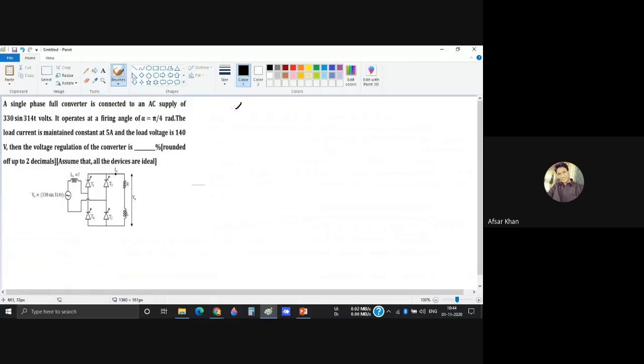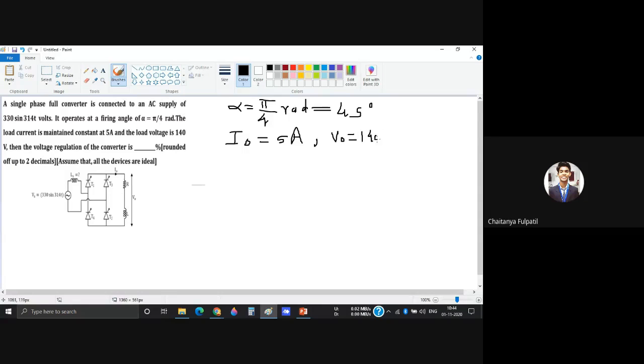First, alpha is given: pi by 4 radian, which equals 45 degree. Also I naught is 5 ampere. Then V naught, the load voltage, is 140 volt.